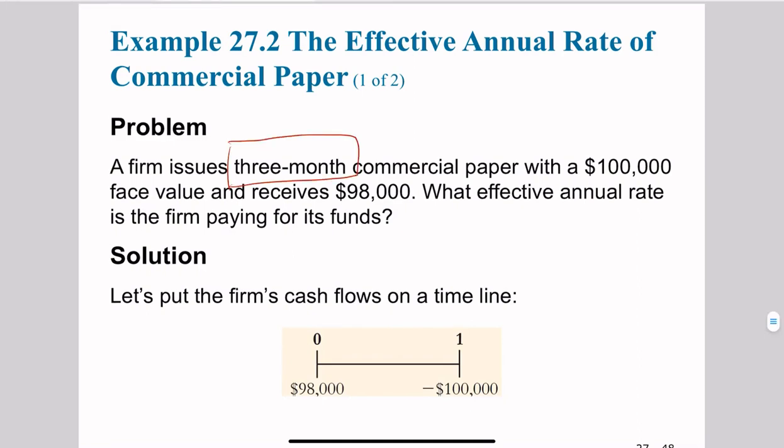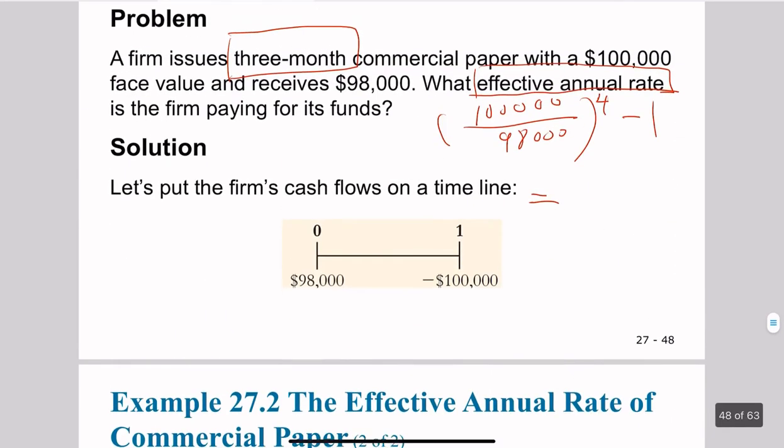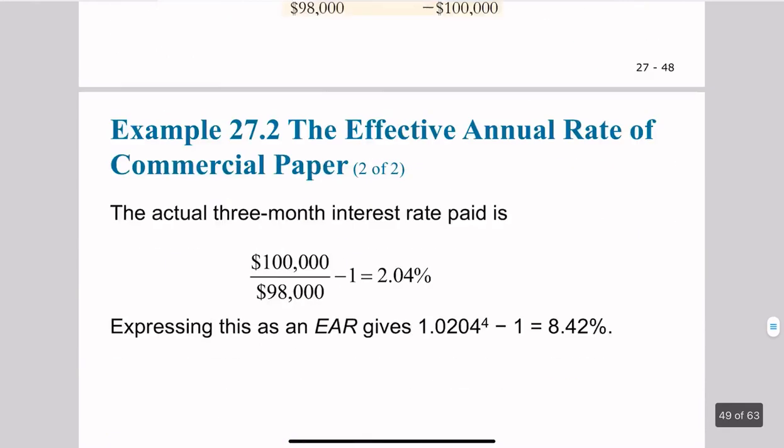So the 3-month interest rate would be calculated as this face value divided by the actual money the firm gets. And then we are looking for the effective annual rate. So we have to annualize this 3-month rate. We have 12 months per year, and we only have a 3-month interest rate here. So we need an exponent of 4, then minus 1. This gives us the effective annual rate. So it's 2.04%.